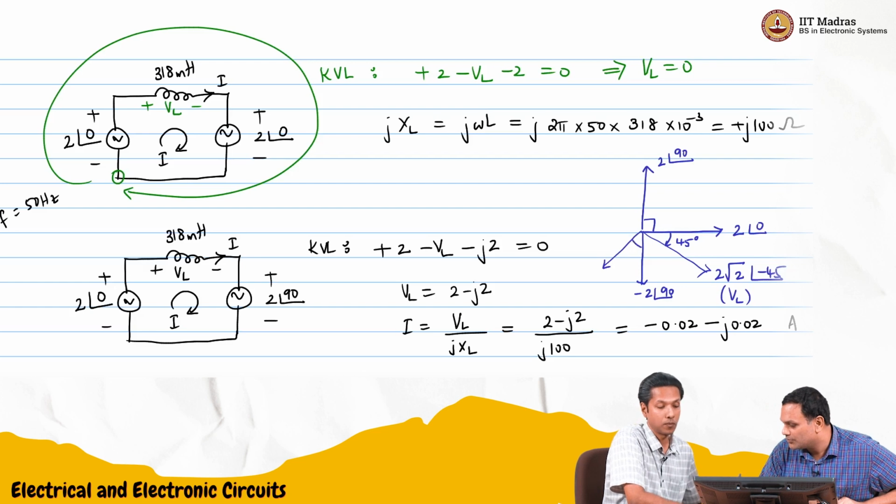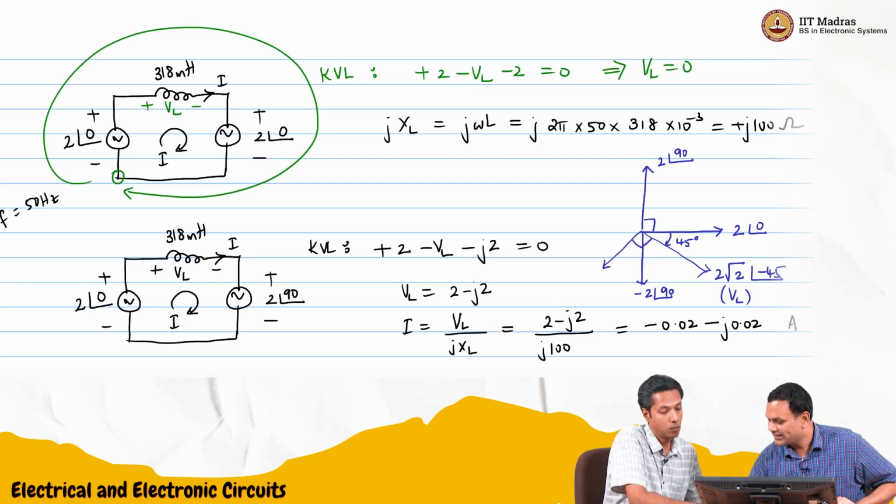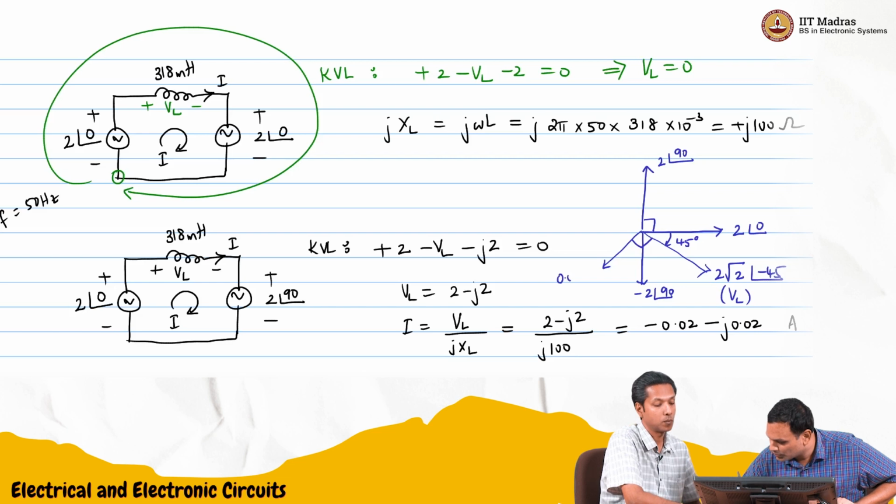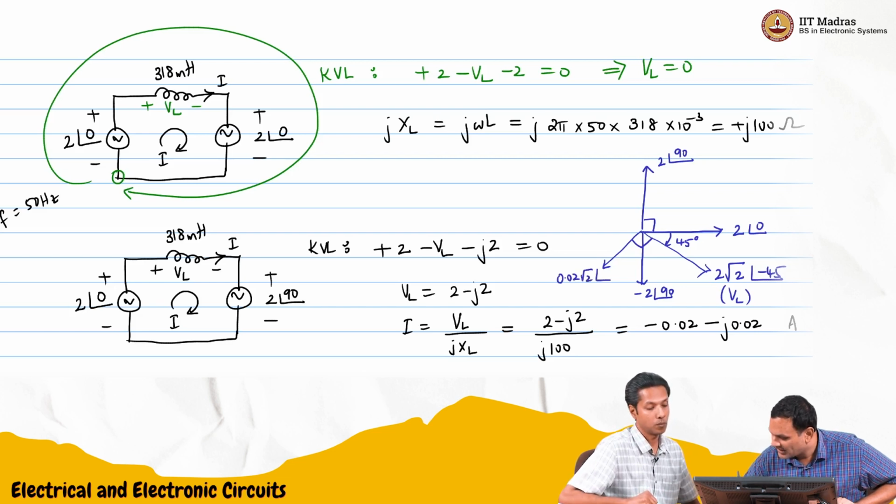So this would be 2 root 2 by 100, so 0.02 root 2 angle minus 135. Is this correct?